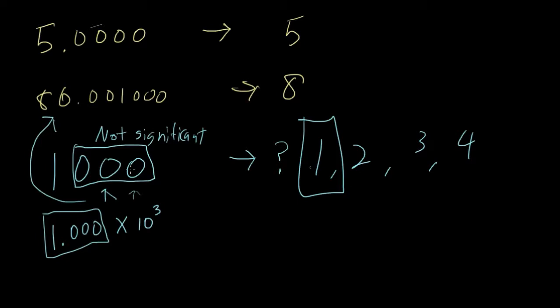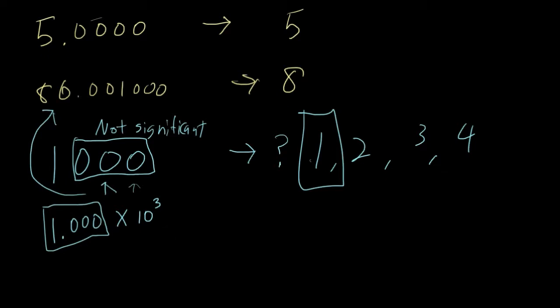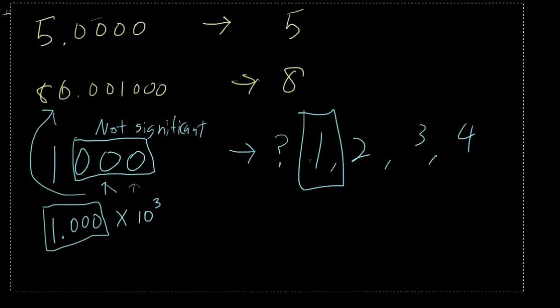So if you have a number, not just in this class, but anywhere on tests or whatever in the future, and you need to convey that it has a certain number of significant figures, and it has a bunch of trailing zeros that are significant, you need to do this. You probably need to put it in scientific notation.